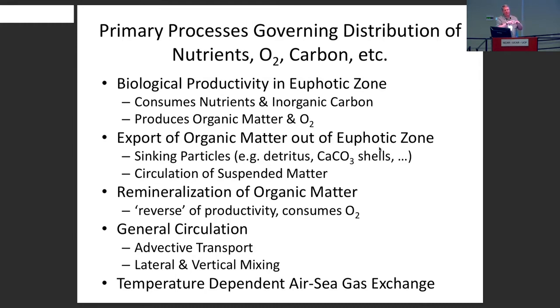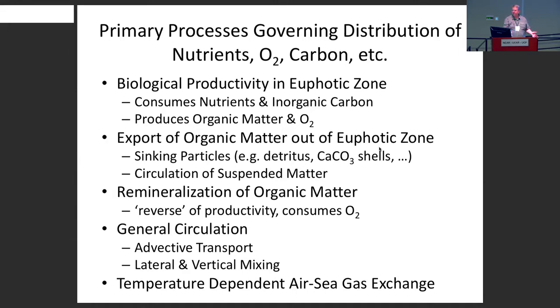Then there is the export of that organic matter out of the euphotic zone from sinking particles, detritus or calcium carbonate shells for those critters that make calcium carbonate. Then remineralization of organic matter converts things back to the inorganic form. It's sort of the reverse of productivity, consuming oxygen.